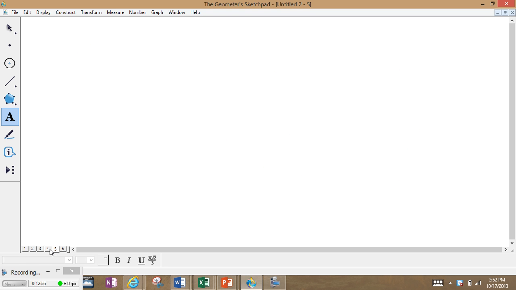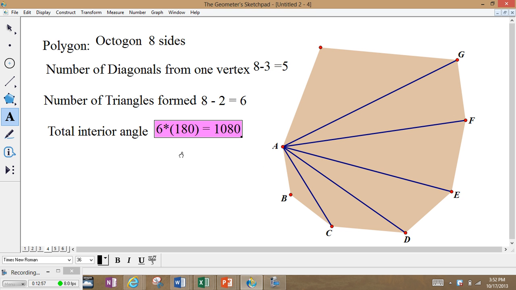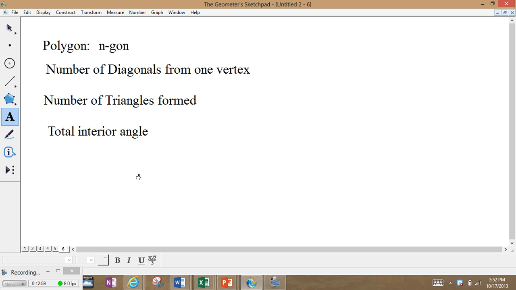And on our octagon, 3 less than 8 is 5. So generally speaking, if we have n sides, then the formula for the number of diagonals that we can draw from any one vertex is n minus 3. So we're going to put that up there.